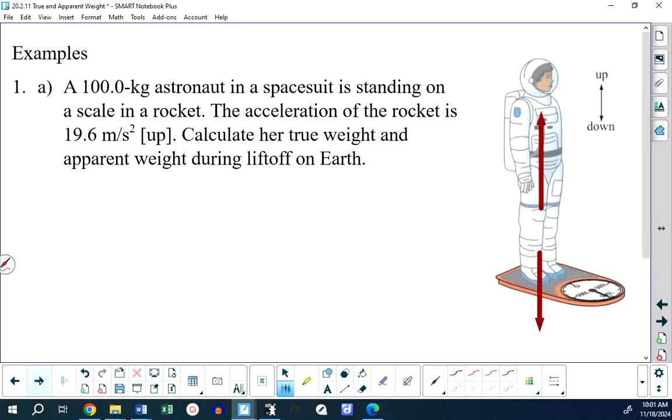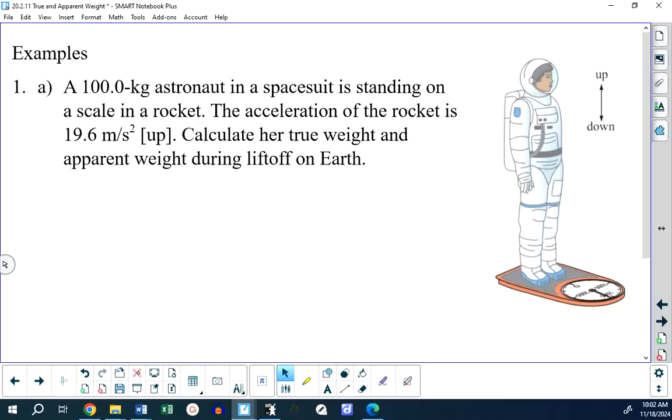There's two ways to answer a question like number 1A. Let me get rid of these. And to be fair or honest, the first way I'm going to show you is, I think, the simplest, but it's just kind of an intuitive thing.